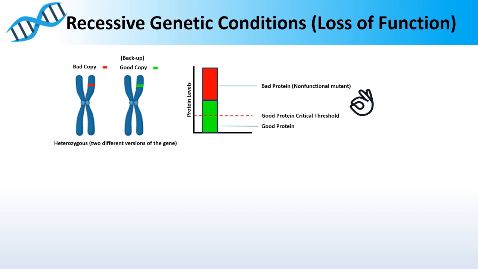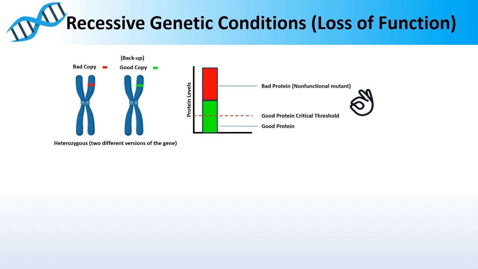Which means you can actually have a gene that causes such a disease in your cells, but your cells can produce this non-functional protein, but it doesn't really matter, as it doesn't do anything, and there's plenty of normal protein there to compensate for it. So such individuals are referred to as being heterozygous for this gene.